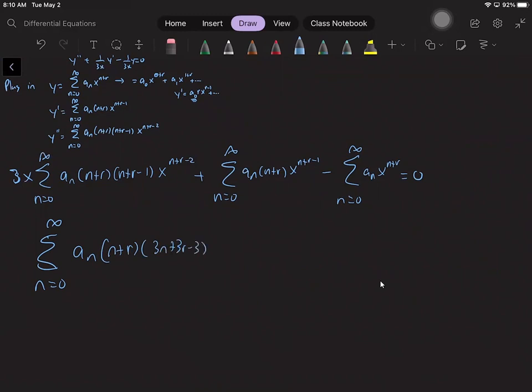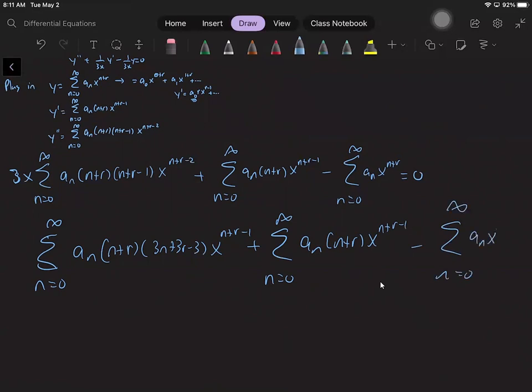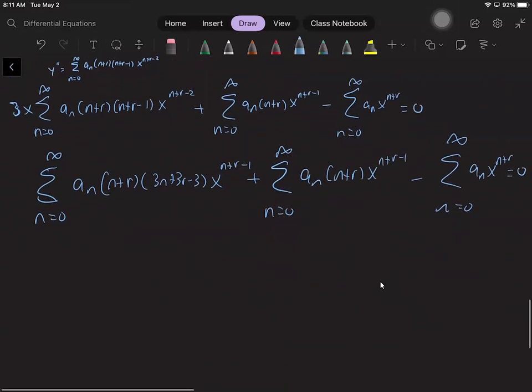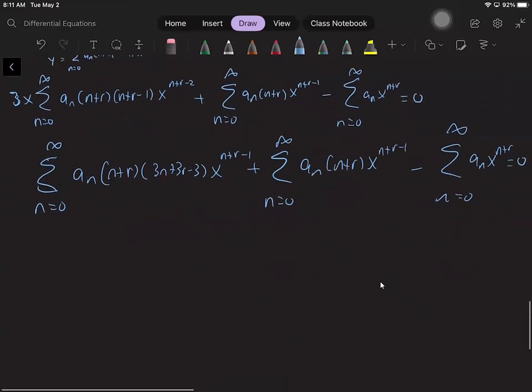So it looks like that. Then the x goes into the power to make this one higher up. So now it has the same power as the second one. So that's good. If you look at the book, they do it differently, but you could follow it like that if you like. All right, so now we have this. Now I'm going to put these two together because they have the same power of x.